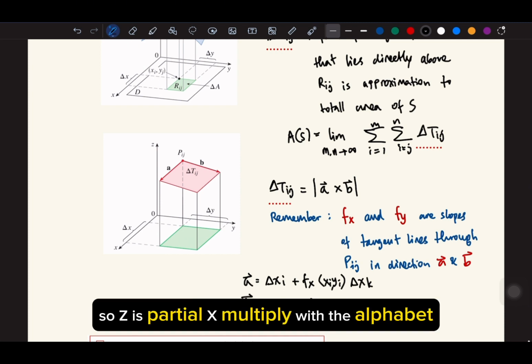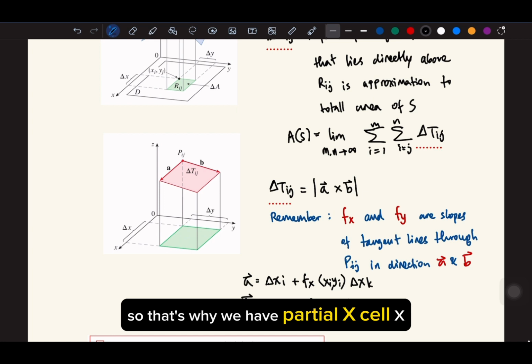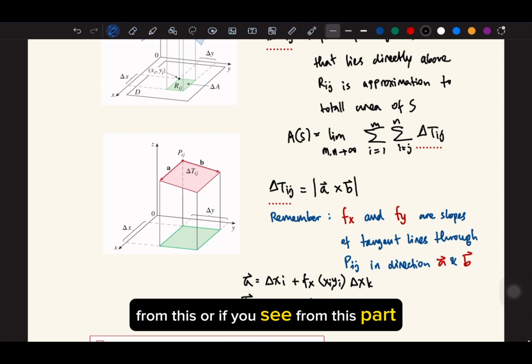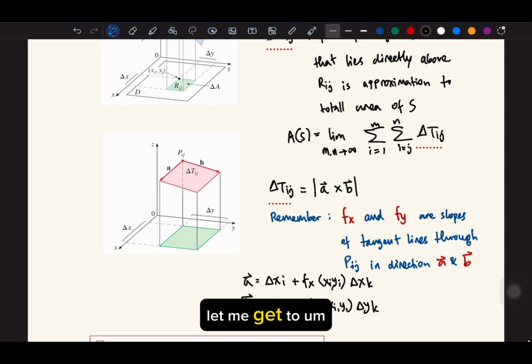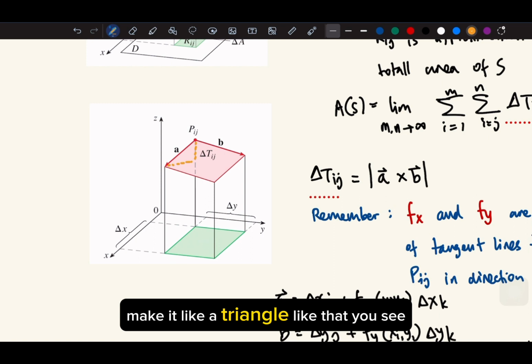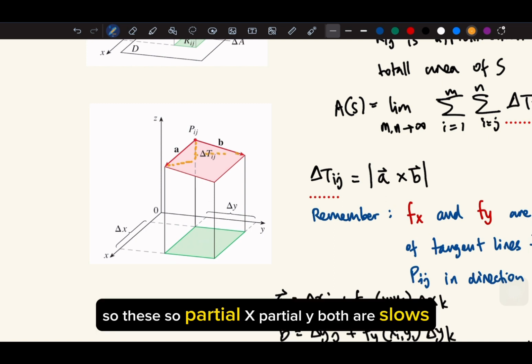So z is partial x multiplied by delta x. That's why we have partial x delta x. If we make it like a triangle, you see that partial x and partial y both are slopes.